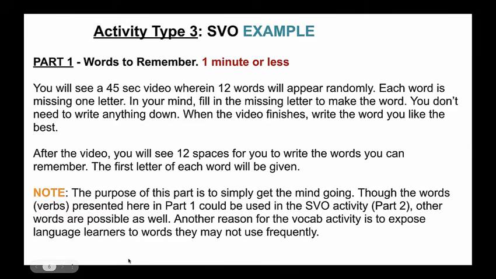Though the 12 words that you see in part 1 could be used in the SVO activity, which is coming up in part 2, other words are possible as well. Another reason for doing this vocab activity is to expose language learners to words they may not use very frequently. So it's a vocabulary building exercise in a sense.